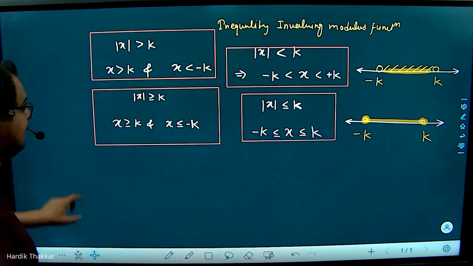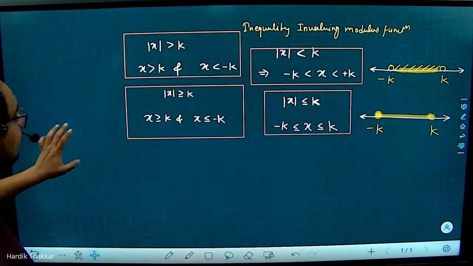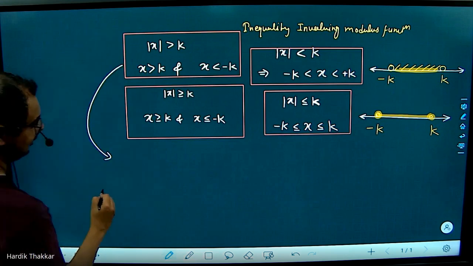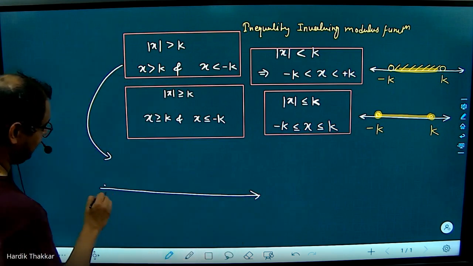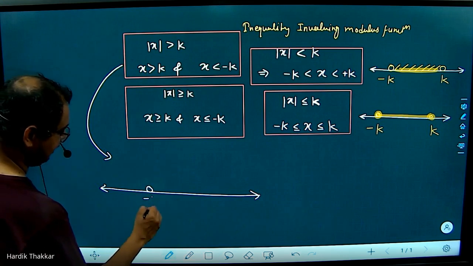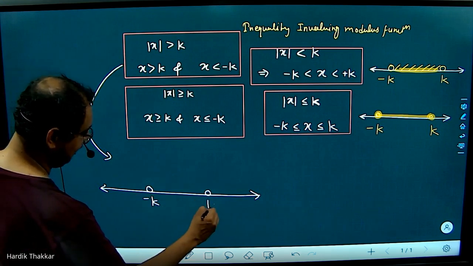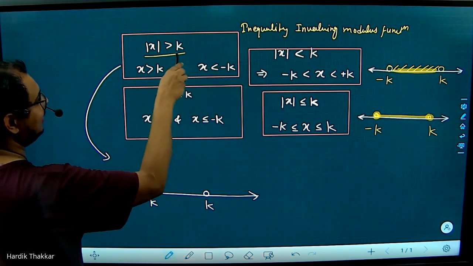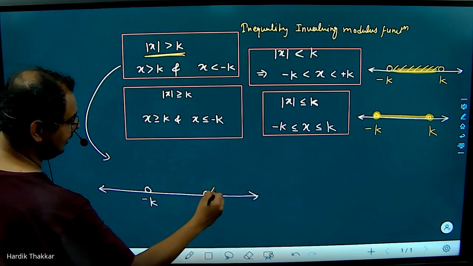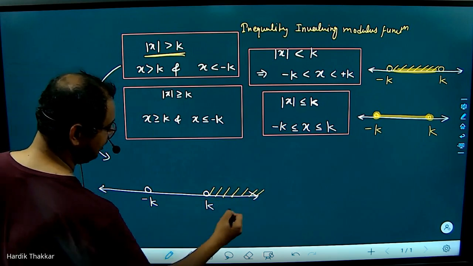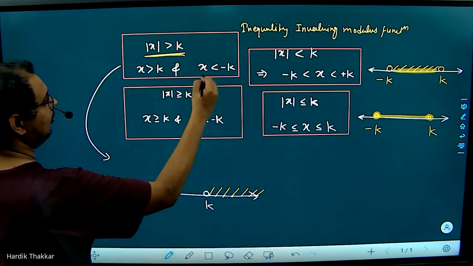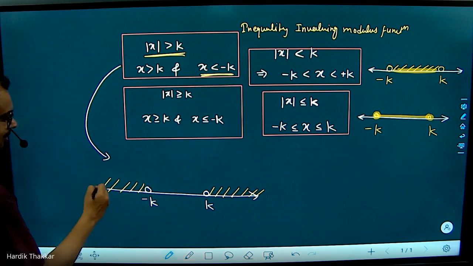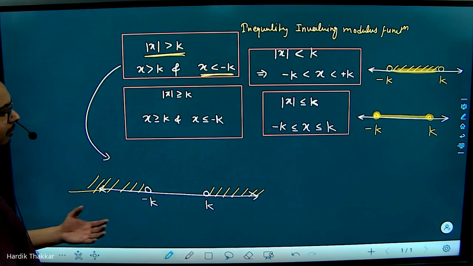But in the third and fourth case, let us consider the third case first. Here this point is minus k and this point is plus k. When mod x is greater than k, it will be greater than k when x is greater than k, or when x is less than minus k. Less than minus k means this region will be the solution.